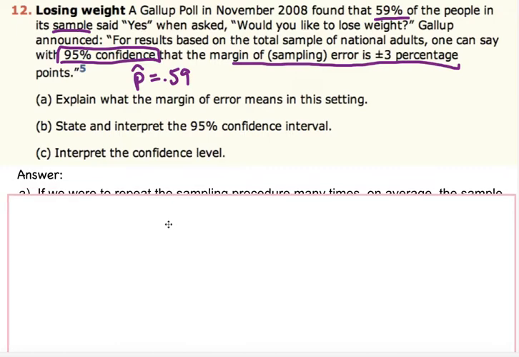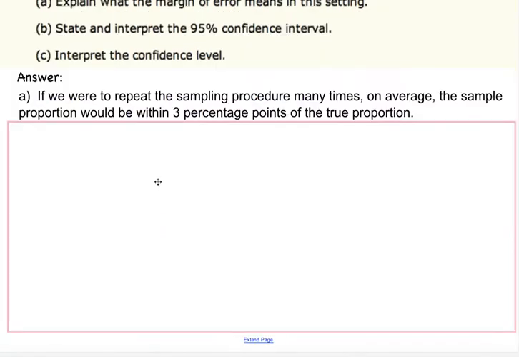So what I would say is if we were to repeat the sampling procedure many times, on average, the sample proportion, that's our p hat, would be within 3 percentage points of the true proportion p.